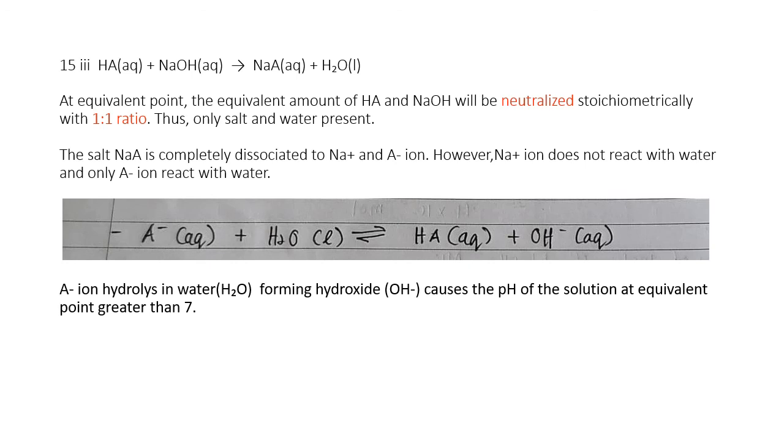Okay, we have this. So forming hydroxide OH minus causes the pH of the solution at equivalent point to be greater than 7. That's it from me.